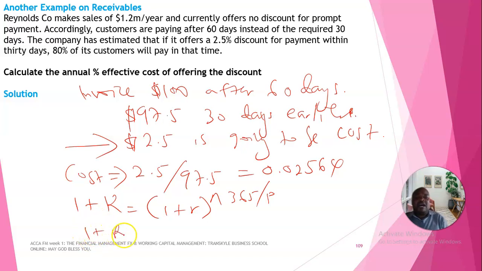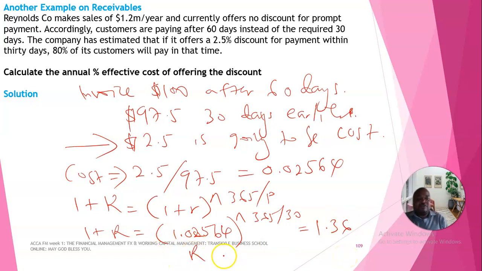So 1 plus R is equal to 1 plus 0.02564, to the power 365 over 30 days. This comes to 1.36, so R subject to the formula will come to 36%.